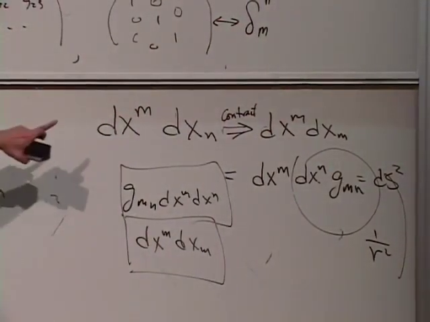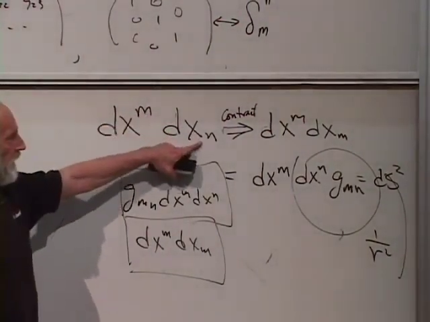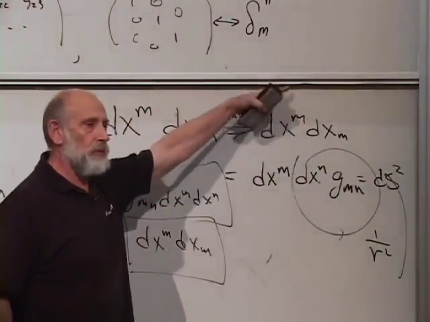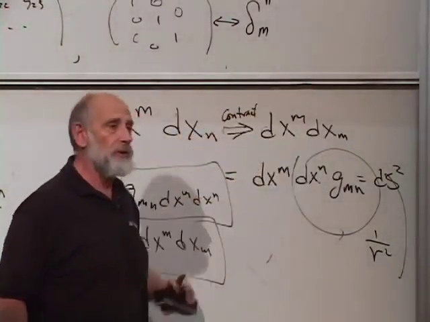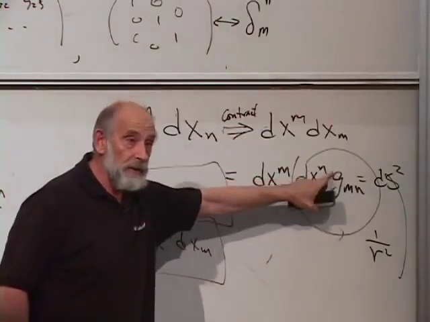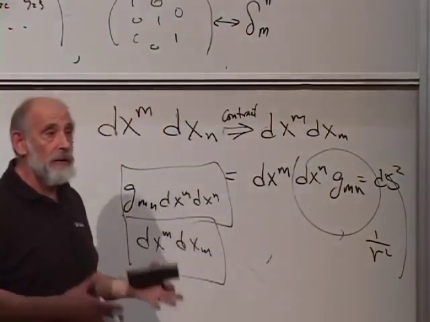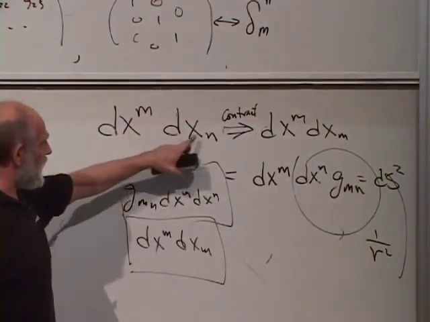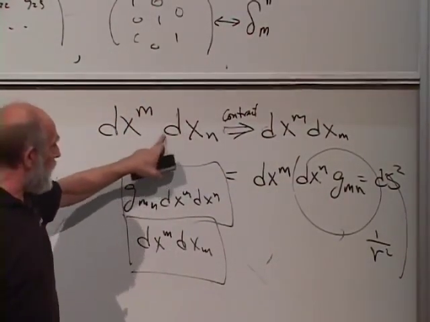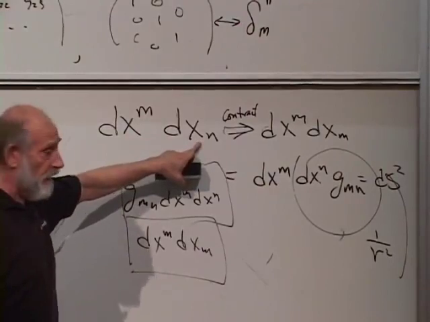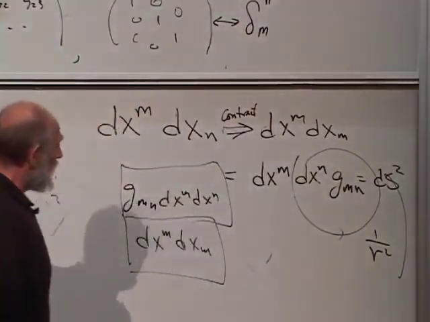I simply meant that you could contract the index m and n and construct the dx with superscript, the dx with a subscript, and this is a scalar. This doesn't transform. It's an invariant quantity, whereas the things that it was built out of transformed, but then you contracted the index and got a scalar.